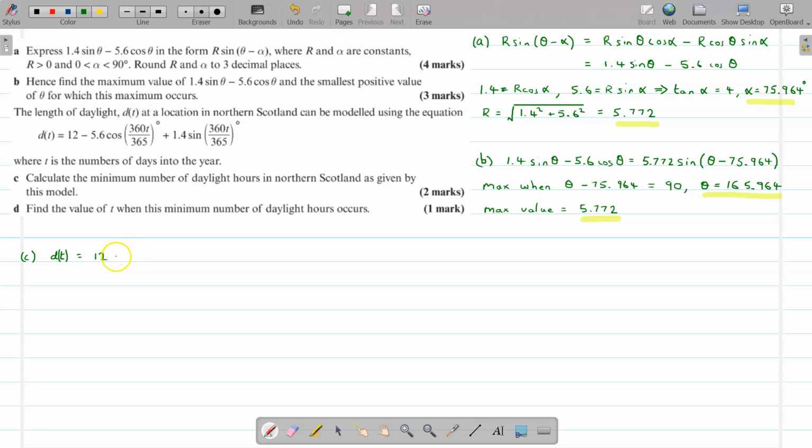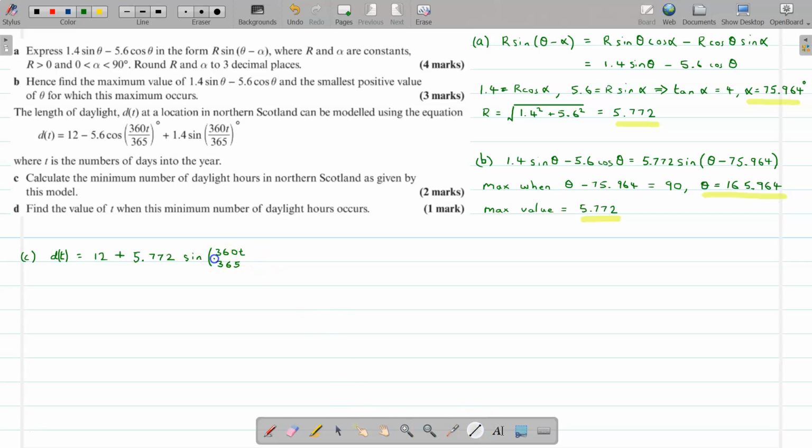So 12 plus, because these terms are just swapped over, 5.772, multiplied by, I don't need the bracket there just yet, the sine of, now instead of putting theta, I'm going to write this fraction 360t over 365, so that replaces the theta from the original model.